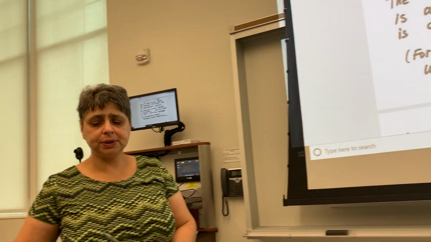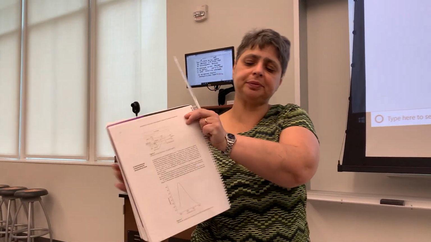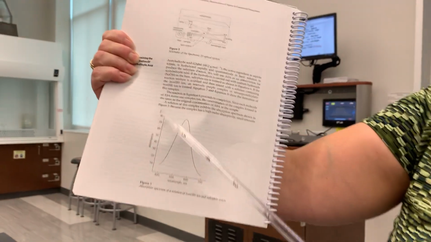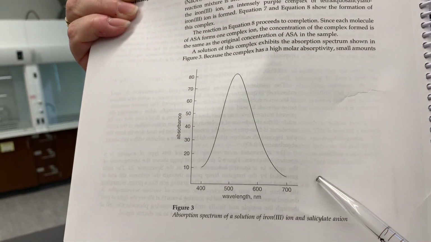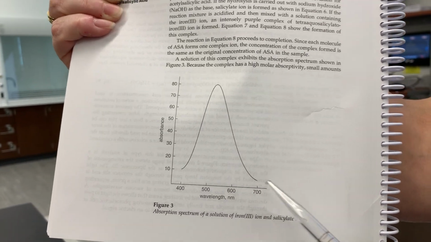A typical absorbance spectrum is diagrammed on figure 3 in your lab manual on page 52. As you can see, what it shows is absorbance on the y-axis and wavelength on the x-axis. So absorbance is on y, wavelength is on x.